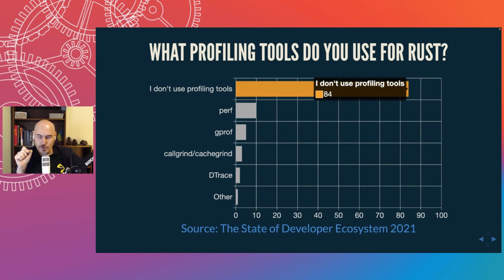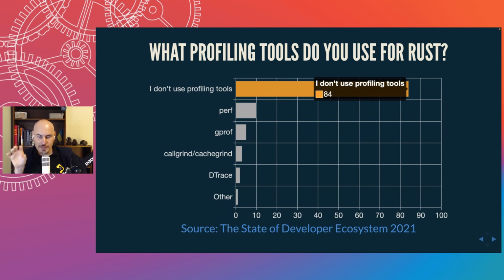In this talk, I would like to discuss this situation. Why is it like that? How can we do better? Do we really need profiling? This is what I'm going to discuss. It's actually a very simple talk.